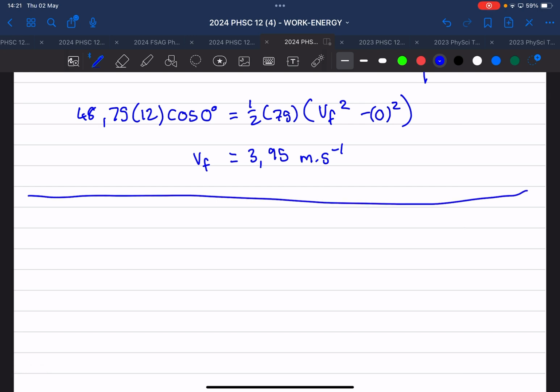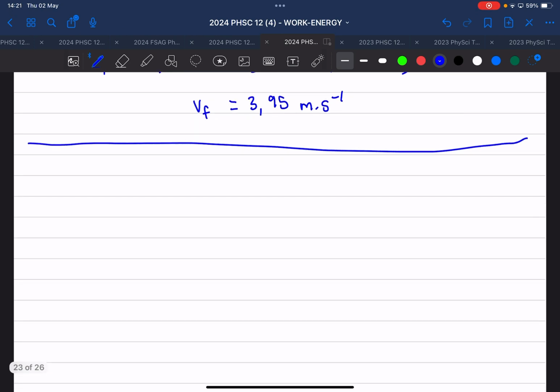Okay, 'n tweede manier om hierdie som te doen is to calculate F net from the start. This is mass times acceleration. Ons twee kragte wat inwerk is gravitasiekrag en spanning. Ons vat opwaarts as positief.